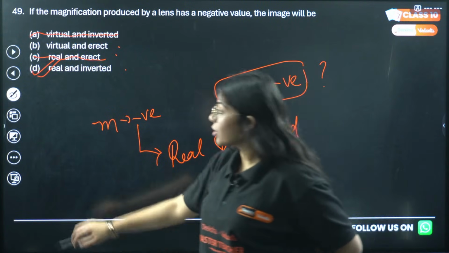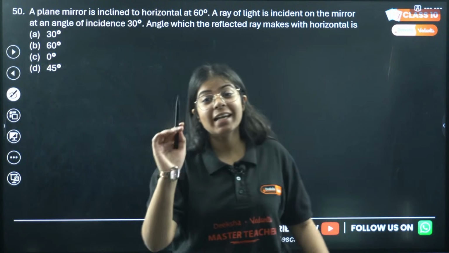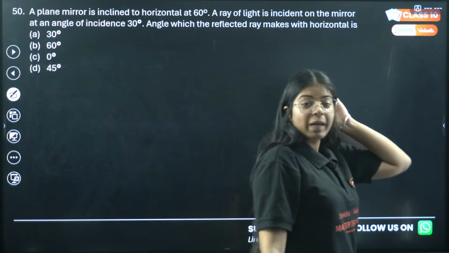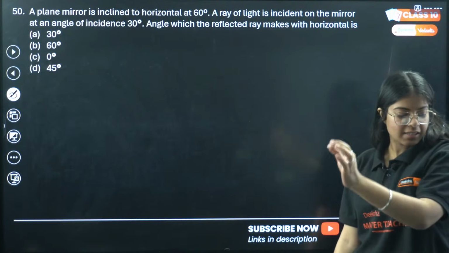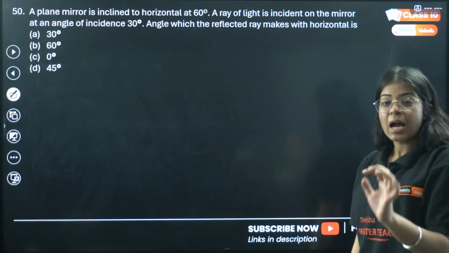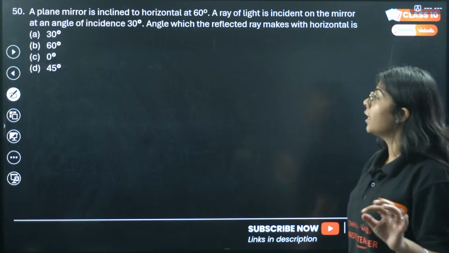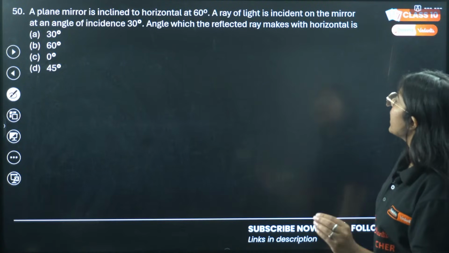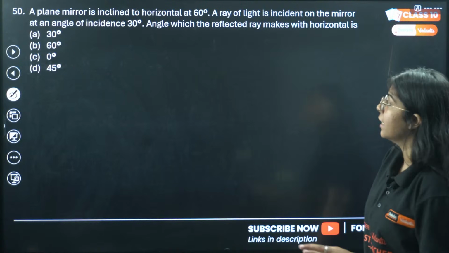And the last question of our mega live. Oh, it's a really good question. A plane mirror is inclined to horizontal at 60 degrees. Read it carefully. I want you to solve this. A plane mirror is inclined to horizontal at 60 degrees. A ray of light is incident on the mirror at an angle of incidence 30 degree.